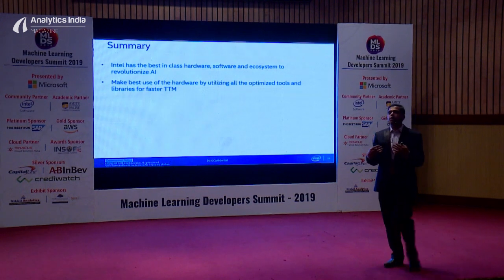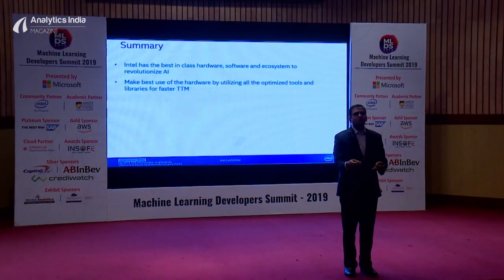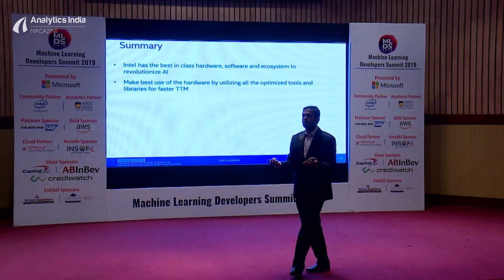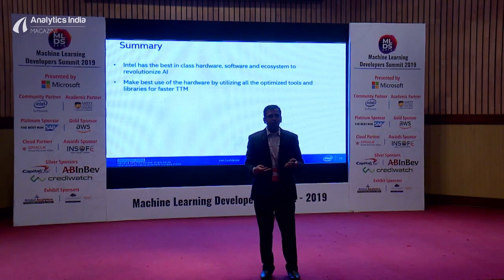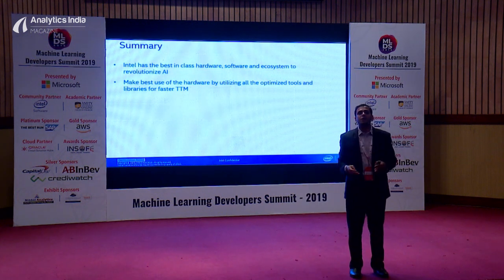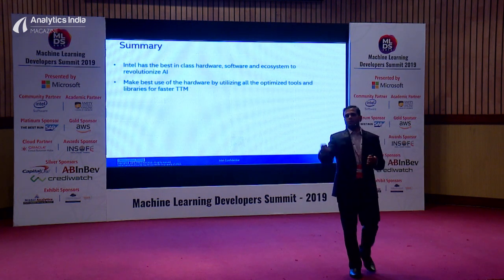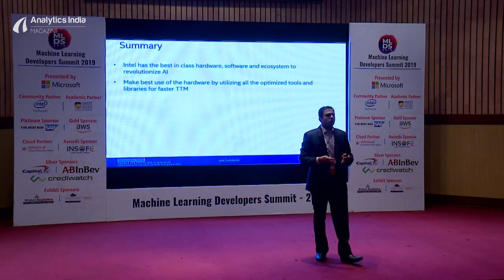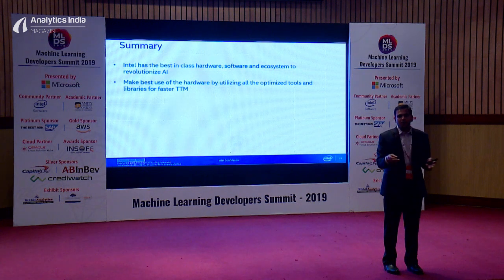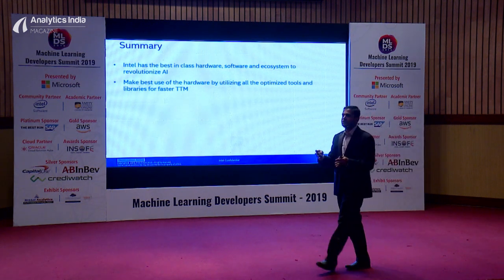If something is freely available just by replacing a normal distribution of Python with the Intel distribution of Python, that matters. You're getting more performance with the same code, everything is the same, just by replacing a distribution of Python and probably using Intel-optimized TensorFlow. With just a minor tweak in your development environment, you get the best out of the Intel hardware.